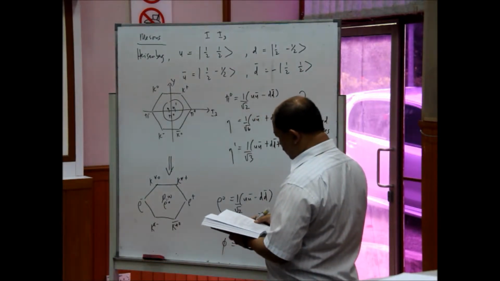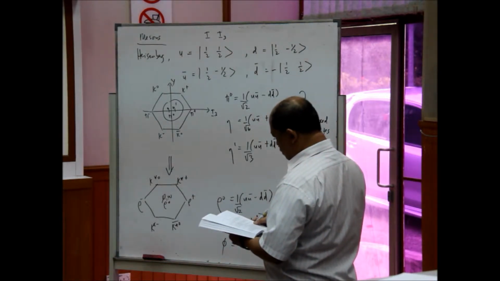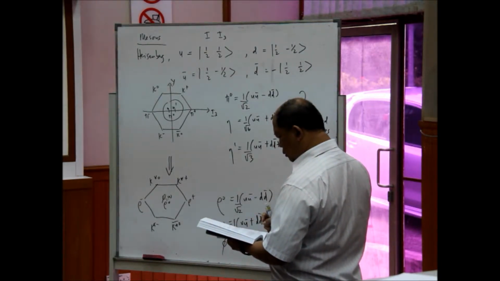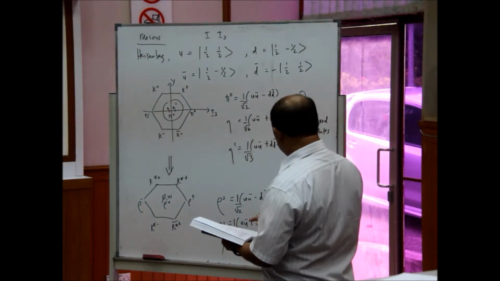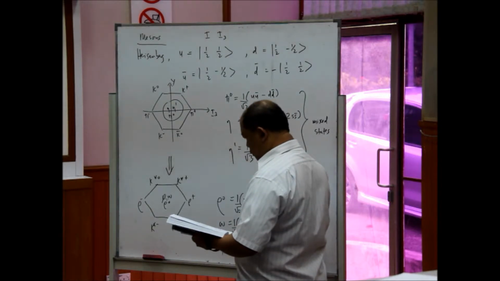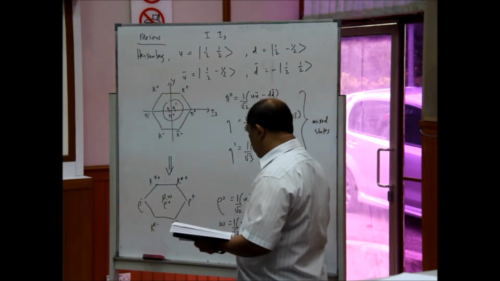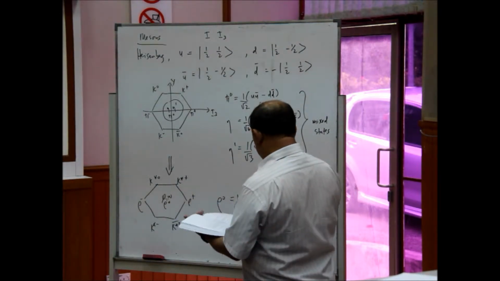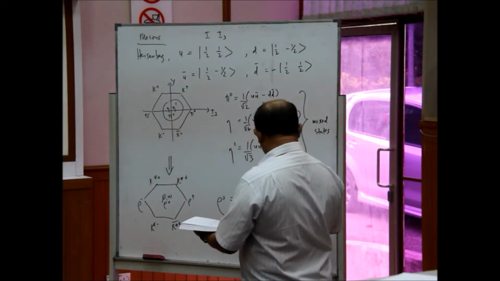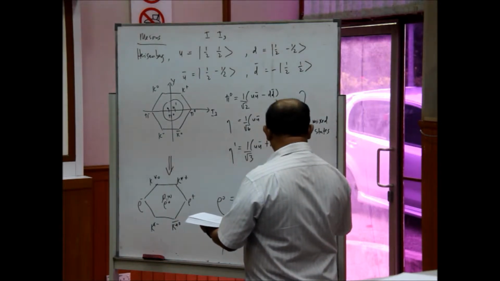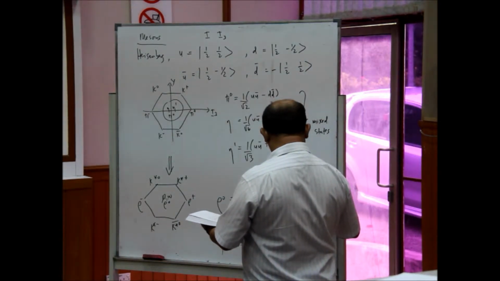So actually the detail of why you choose this one, because this is called a singlet. It's because you use a decomposition of 3 times 3 bar, get 8 plus 1.